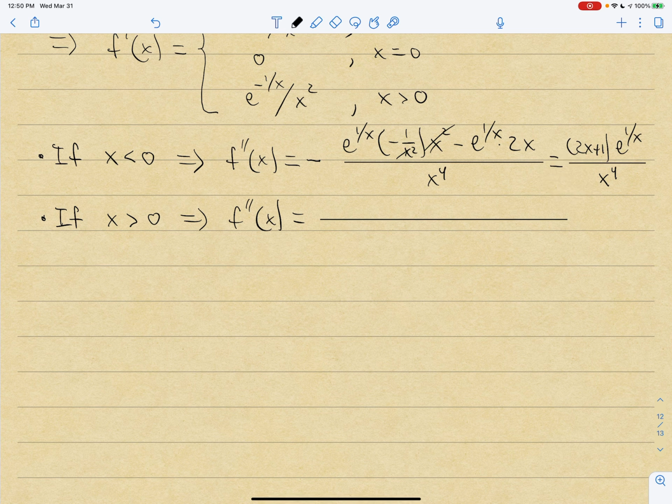Take the derivative of e to the minus 1 over x, that's e to the minus 1 over x times 1 over x squared, multiply by the denominator x squared, subtract e to the minus 1 over x times the derivative of the denominator, which is 2x, and then divide by x to the fourth.